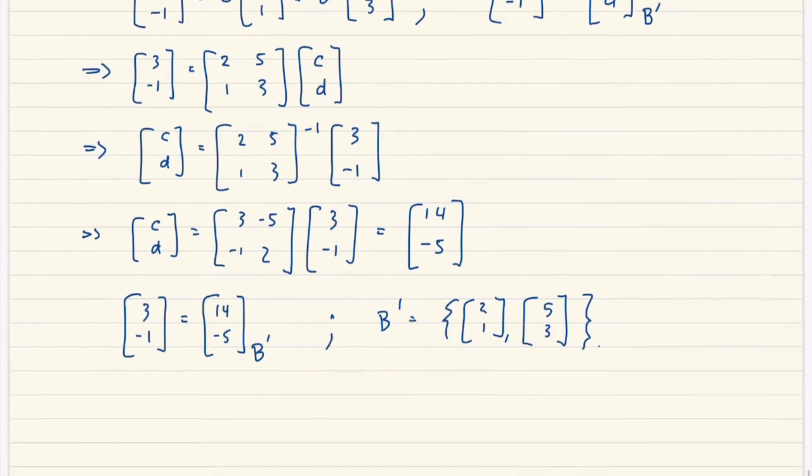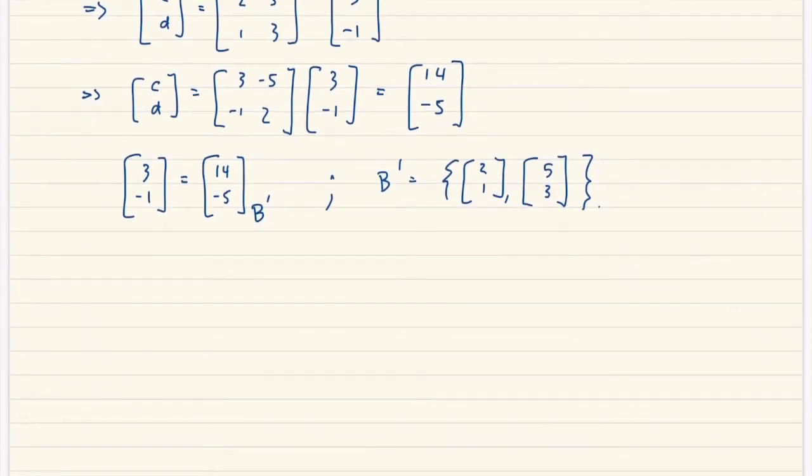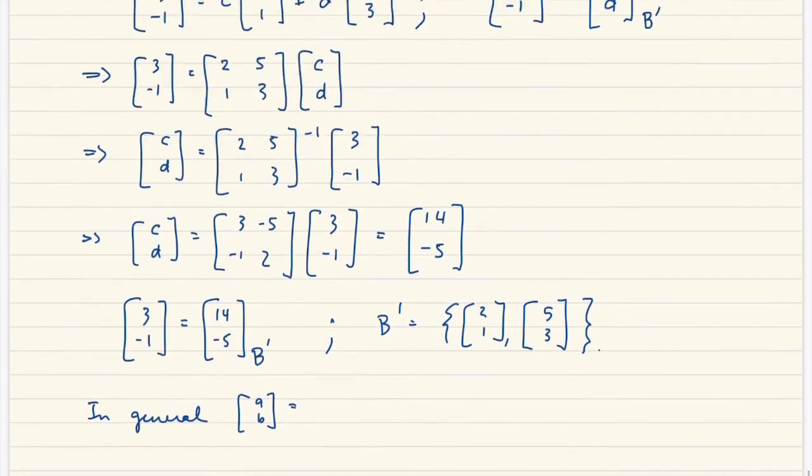So I could repeat this in general. I think it's worth just saying a few more things here. So in general, if I have the vector AB relative to the standard basis, I could write that as, so I'm just going to copy what I did up here. This is really 2, 5, 1, 3 times CD.